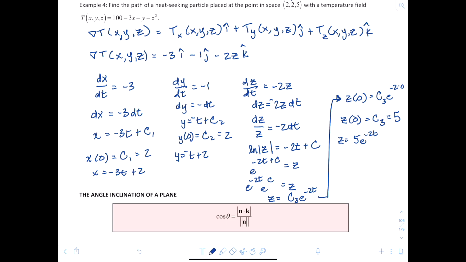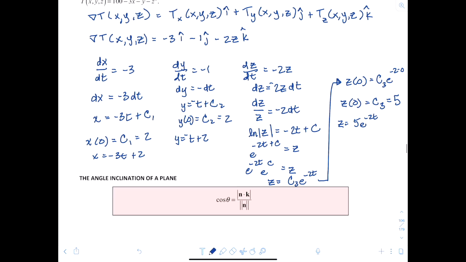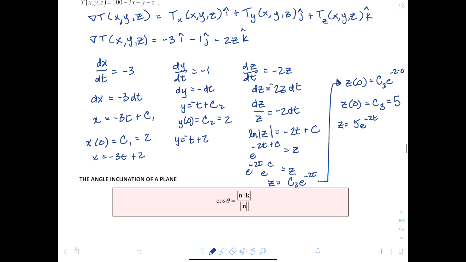So now, remember what we're supposed to find is the path here. And so the path is represented by these three equations here that we found. So this one, and this one. Cool? All right.